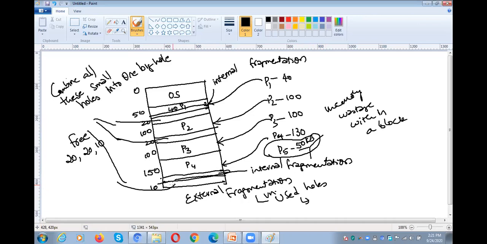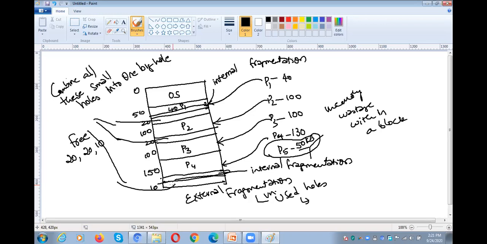So automatically those small holes are not used by any process, and the memory will be wasted. Such unused small partitions of memory holes are called external fragmentation.